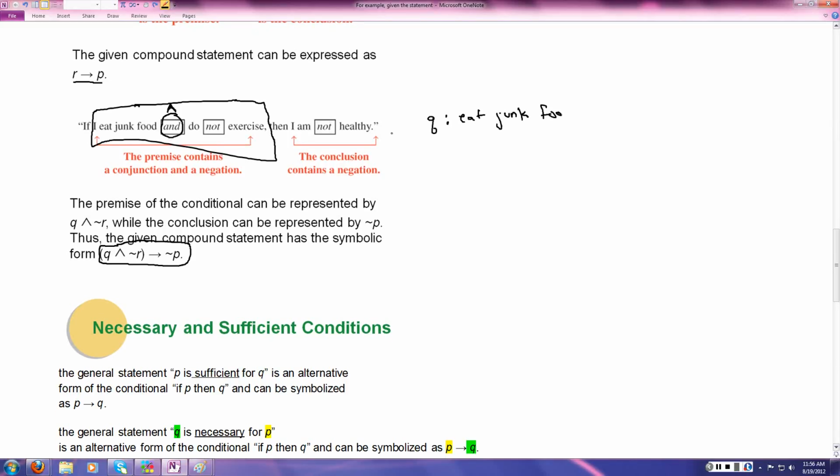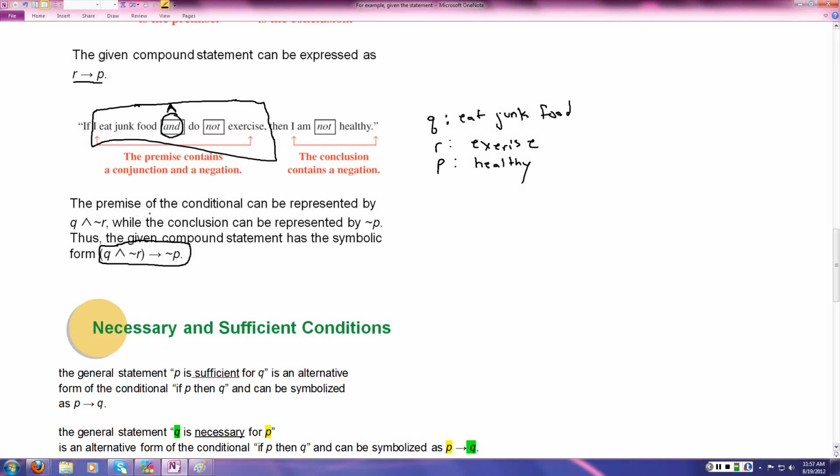R would represent someone that exercises. And P is going to represent someone that's healthy. So someone that eats junk food, Q, and does not exercise, which would be the negation of exercise, so it would be tilde R.